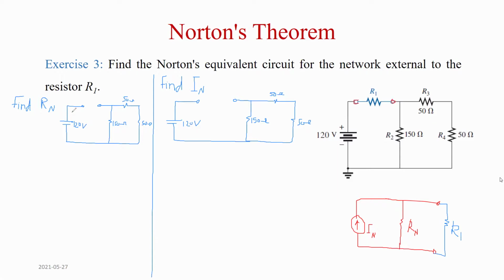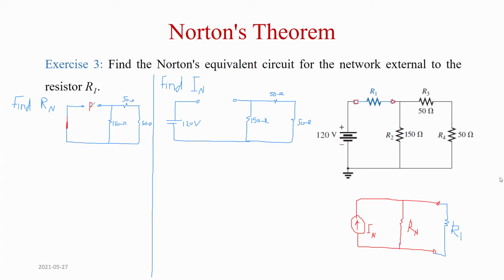Now the changes that I should make when I want to find Rn: I don't want the sources, so I'm going to remove the sources. What I replace it with, if it's a voltage source, I'm going to replace it with a short circuit. So I'm going to put the short circuit here.